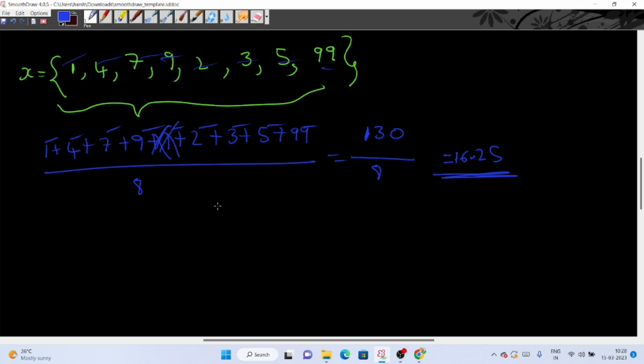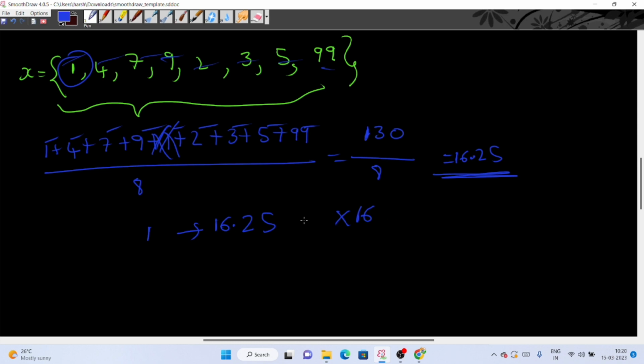Now let us see whether this number actually fits all the above numbers. The first element is 1 and we got a mean of 16.25. Does 1 really relate to 16.25, which is 16 times greater than 1?